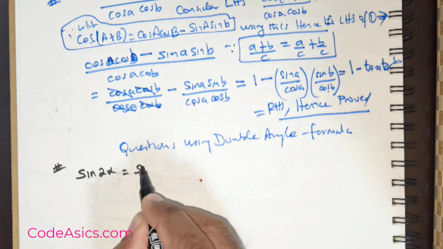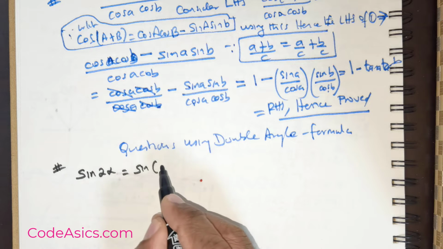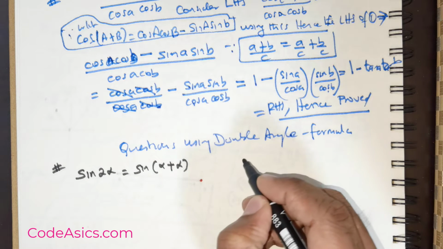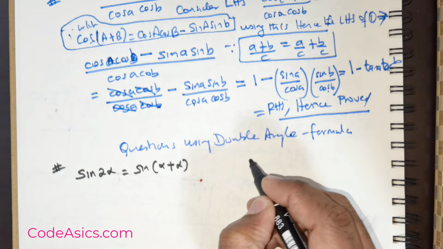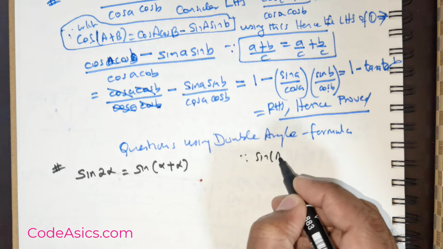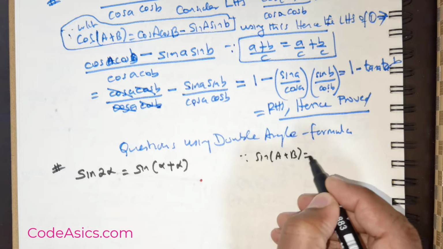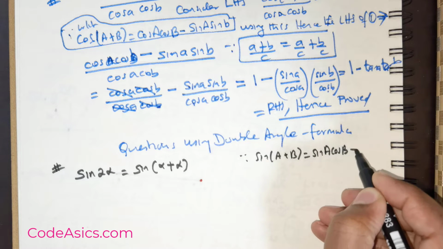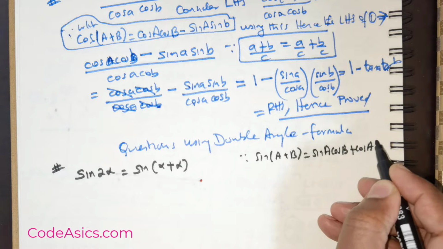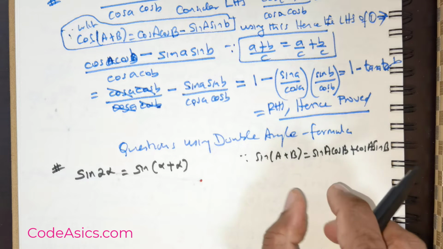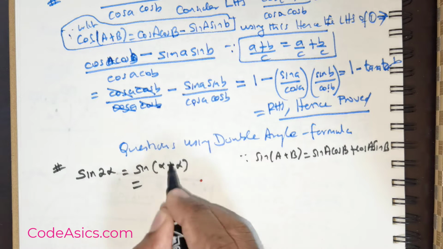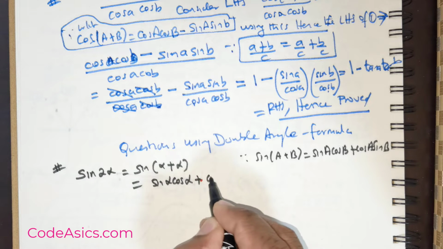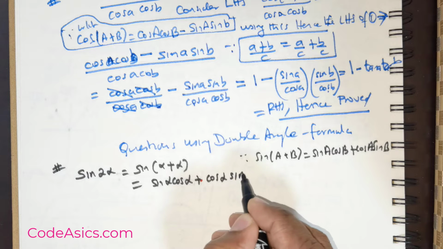I can write sine 2 alpha as sine of alpha positive alpha, and then I would use the sine of a positive b compound angle formula, which is sine a cos b positive cos a sine b. So this can be rewritten as sine alpha times cos alpha positive cos alpha times sine alpha.